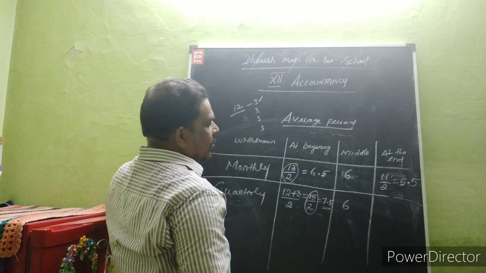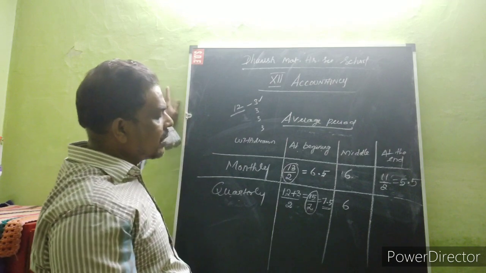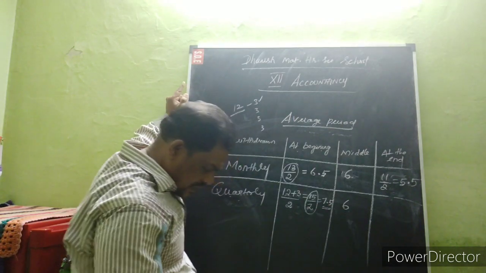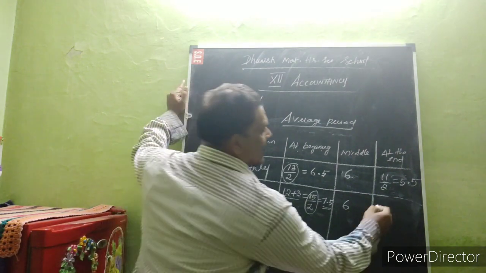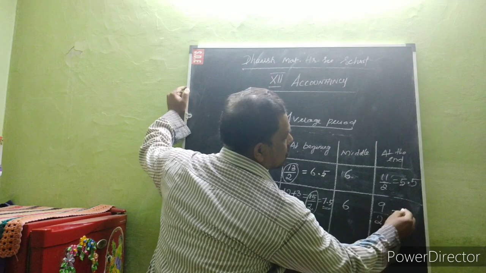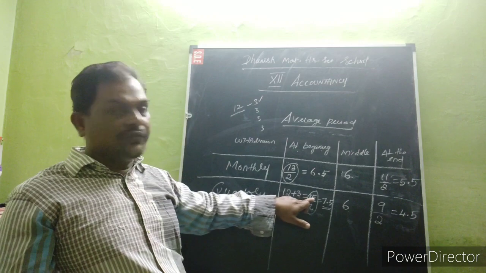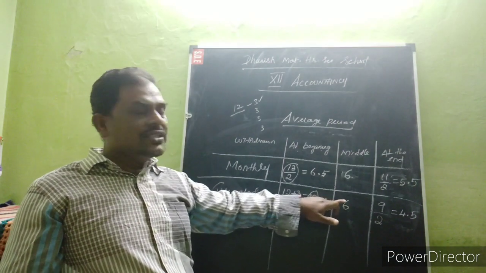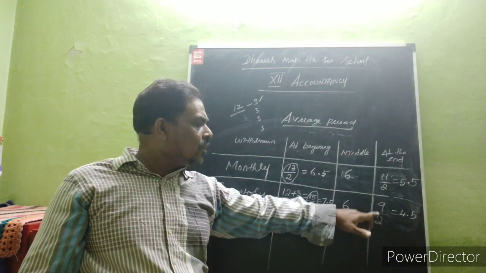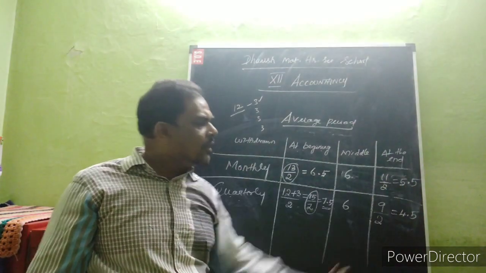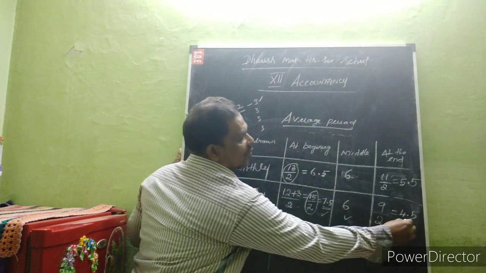Now again 12 minus 3, that is 9, so 7.5, 6 and 4.5. 4.5 is nothing but 9 divided by 2. See, 12 plus 3, 15. 15 minus 3, 12 by 2. 12 minus 3, 9 by 2. 9 by 2 is nothing but 4.5. See, so 7.5, 6, 4.5.